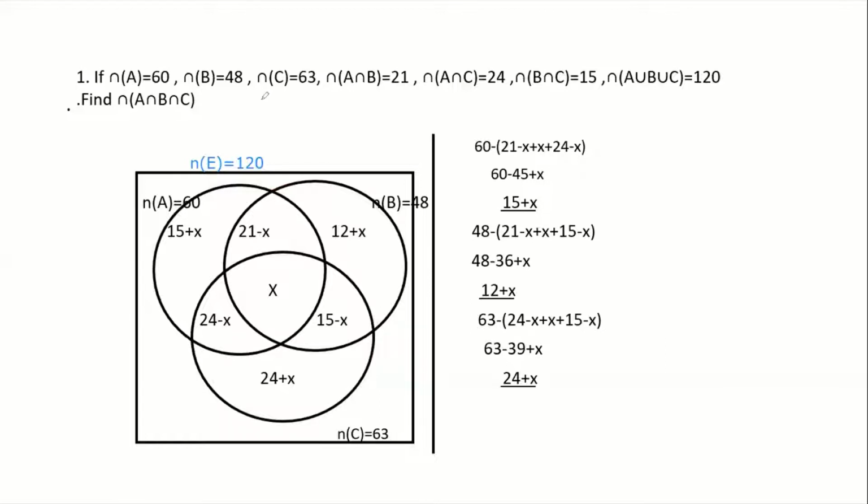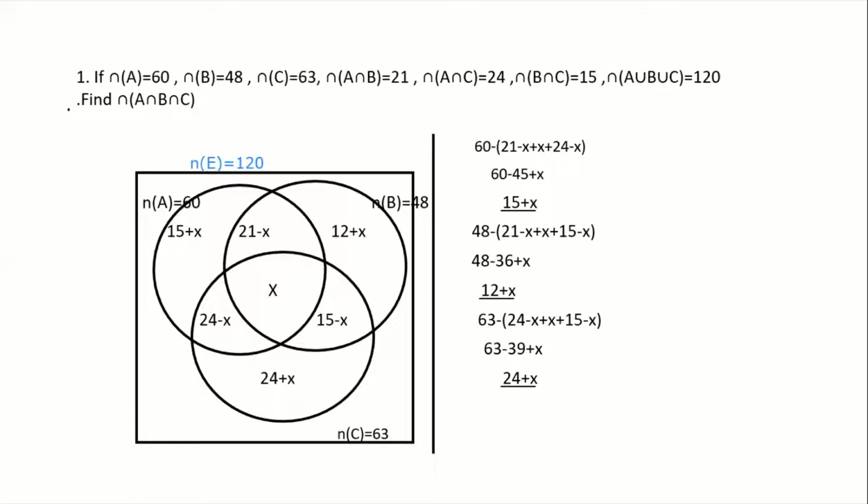So if we add up 15 plus X, 21 minus X, 12 plus X, 24 minus X, plus 15 minus X, plus 24 plus X, it should give us 120 in total. So we have to equate this with the set.